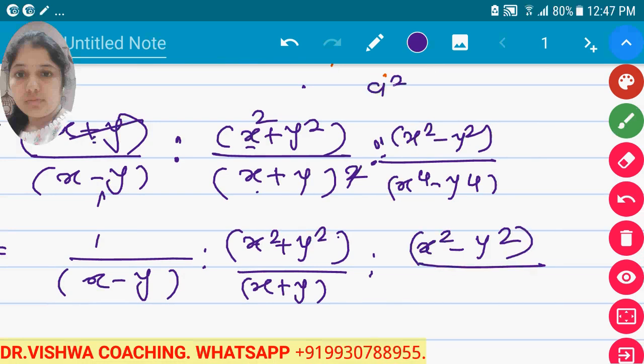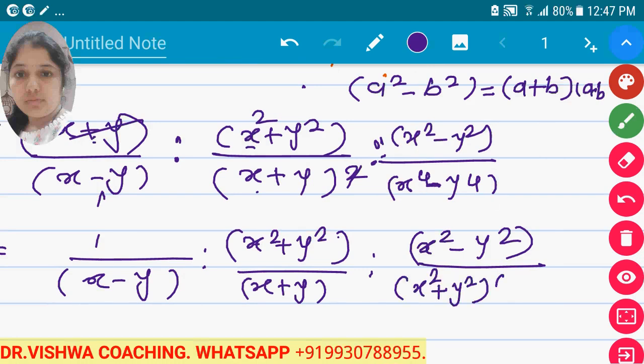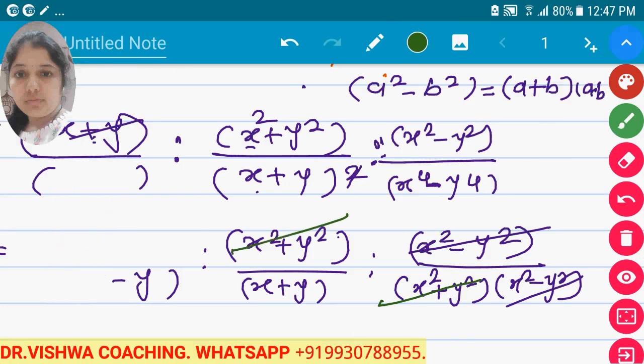Now remember the formula: a square minus b square gives us (a plus b) and (a minus b), both in multiplication. So x raised to 4 minus y raised to 4 can be written as (x square plus y square) into (x square minus y square). Now this x square minus y square and that x square minus y square will get cancelled. This x square plus y square and that get cancelled. So what is remaining?